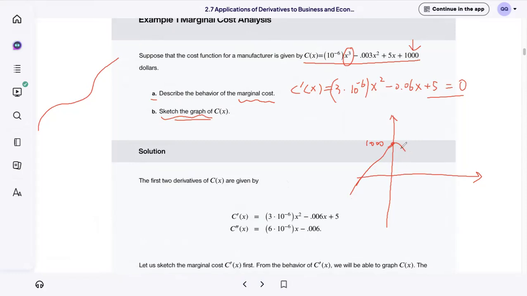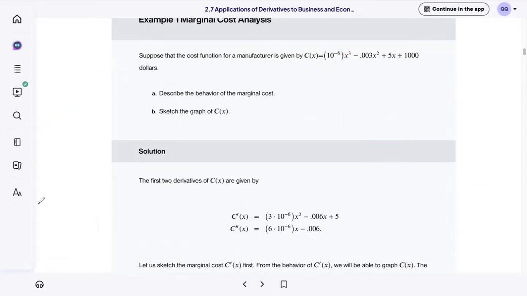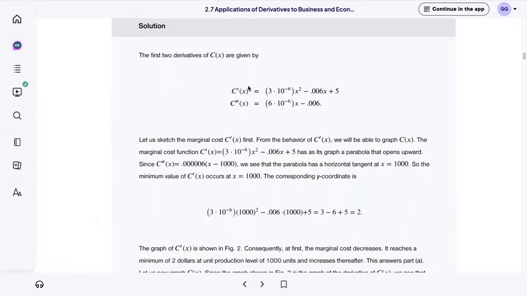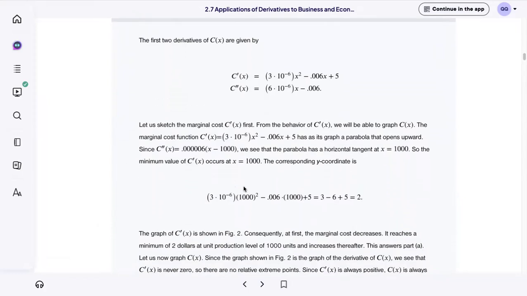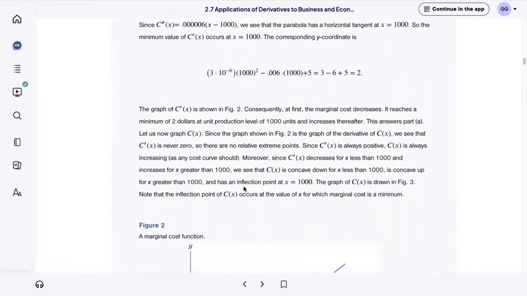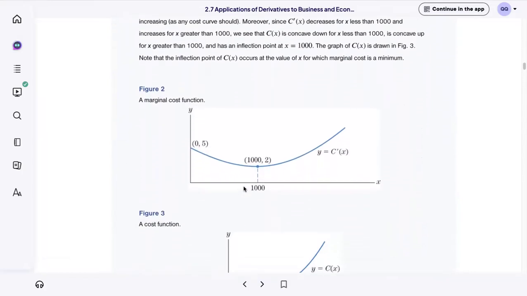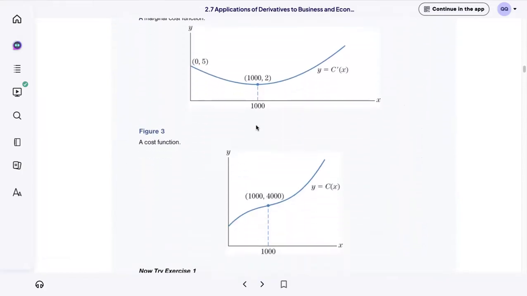Then it wiggles somewhere, because this number is too annoying to calculate by hand. So I'm going to go with the textbook. We take the first derivative, and the second derivative. Remember, the second derivative tells us concave up, concave down. Once we do that, we get these points.